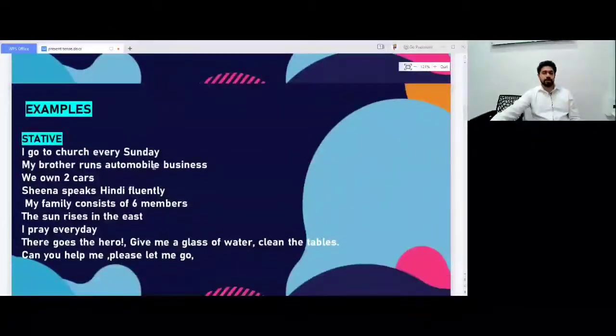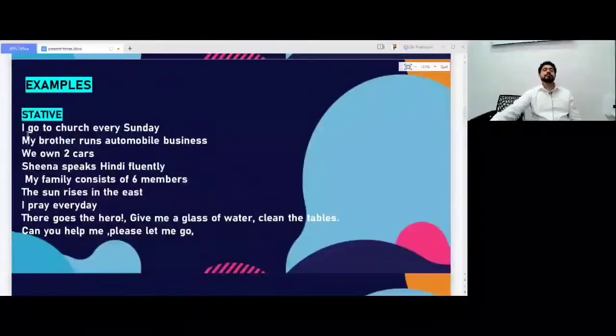Let's make some examples. I go to church every Sunday. This is the subject, and the verb go. I is considered plural in nature, the first person. So it takes plural words. I go to church every Sunday. My brother runs an automobile business.